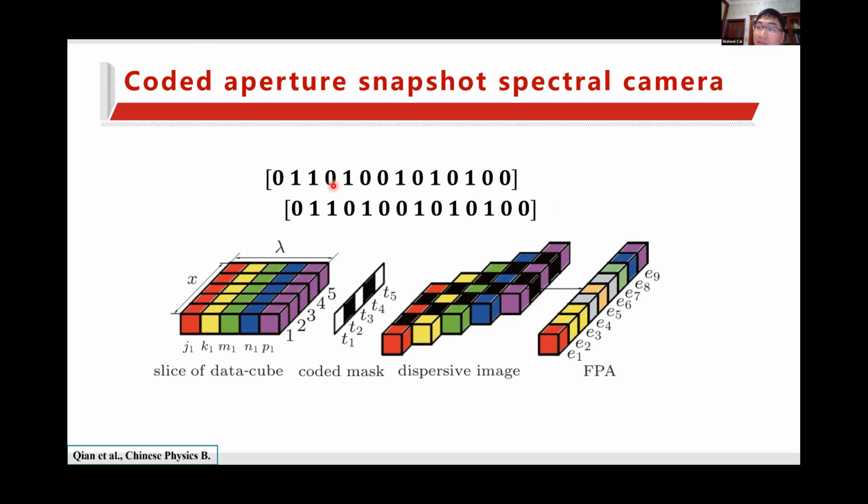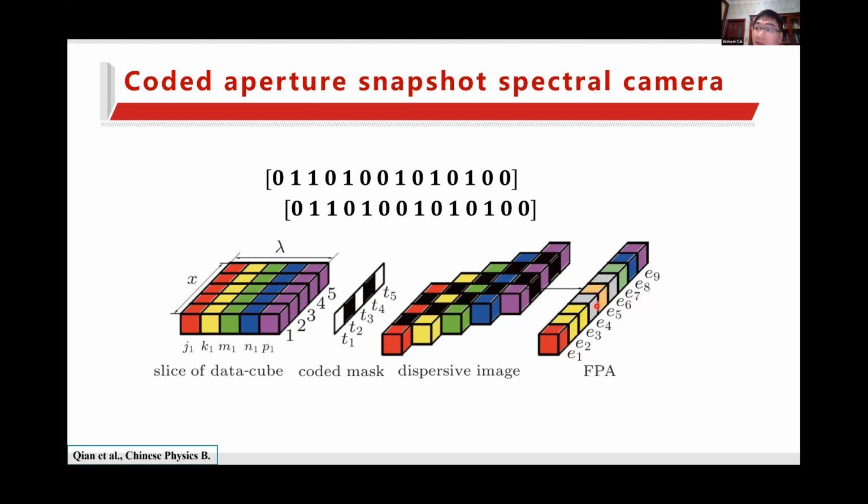Based on this idea, we can design a mask which has random white and black pixels. When we pass this hyperspectral data cube through this mask, and then use a disperser to disperse the different wavelengths, for example using a 1D grating, and sum it up, we can get a set of equations.